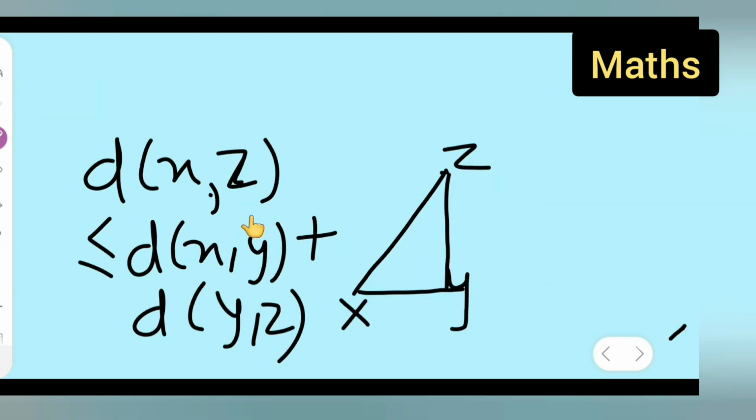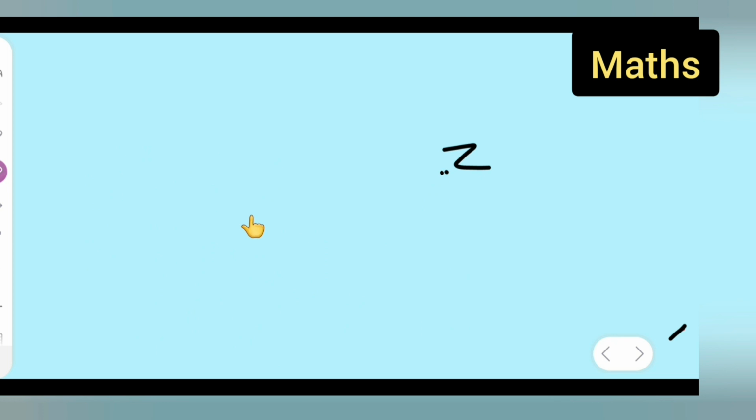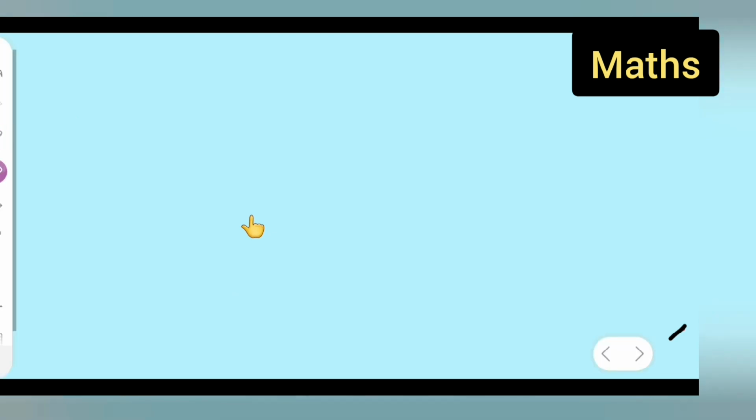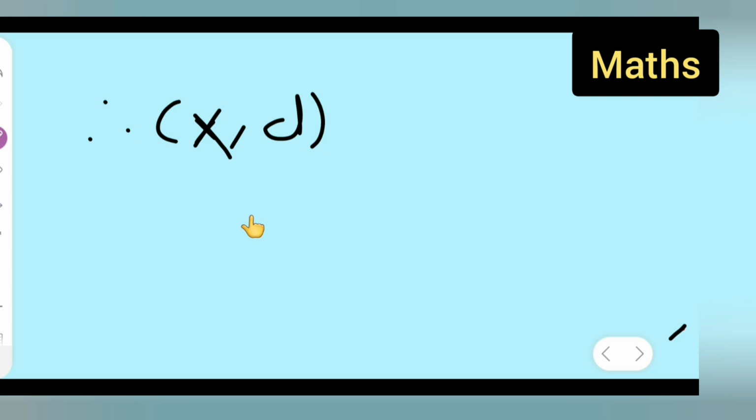Therefore I can say that X comma d is a metric space.